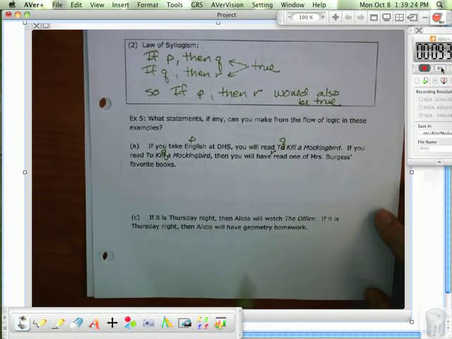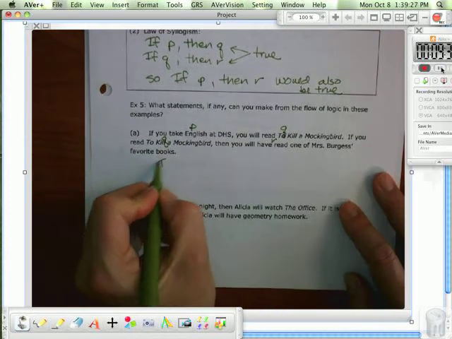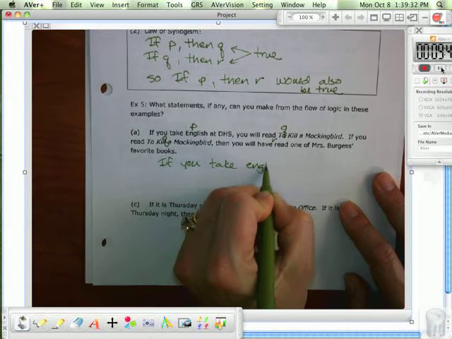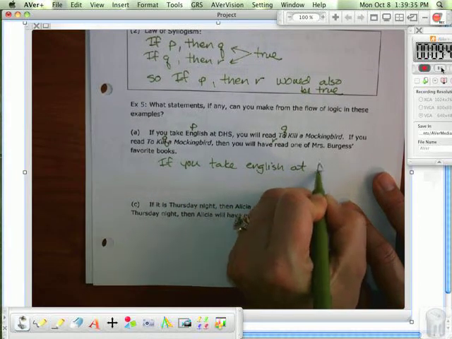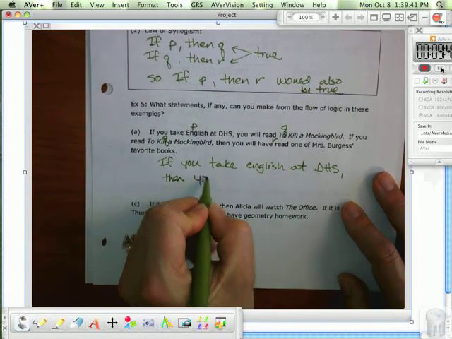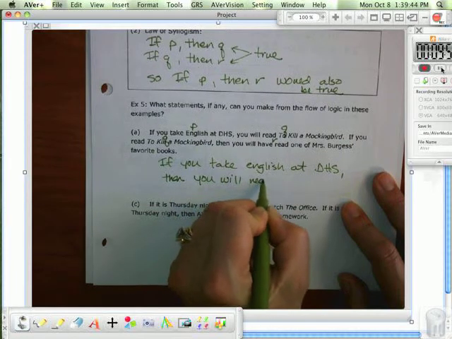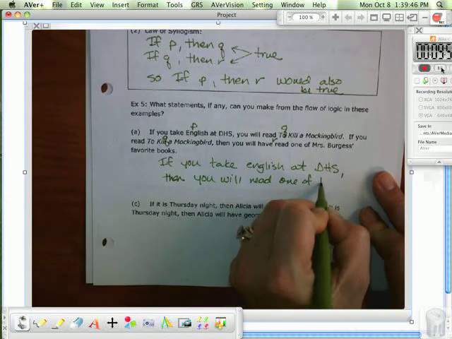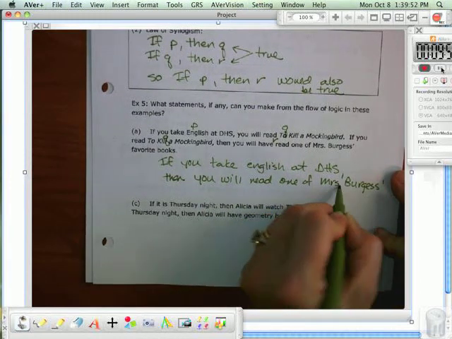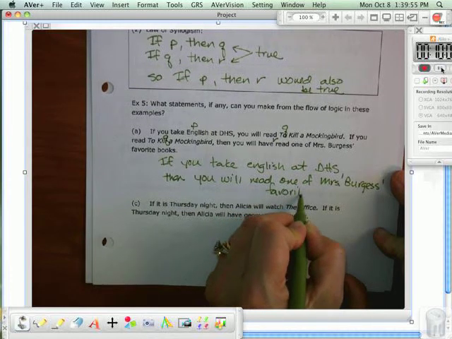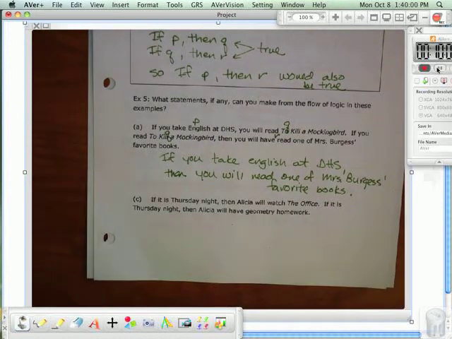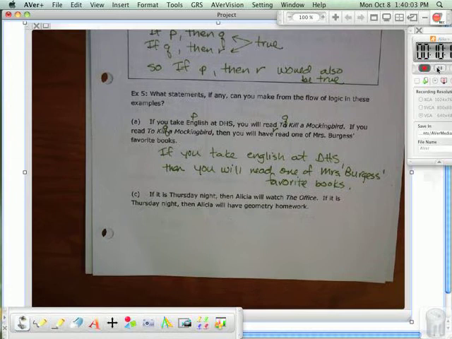So I can say, if you take English at DHS, then you will read one of Mrs. Burgess's favorite books. It's a good book. Do you see how that works?